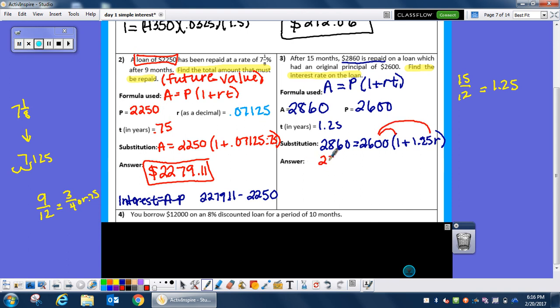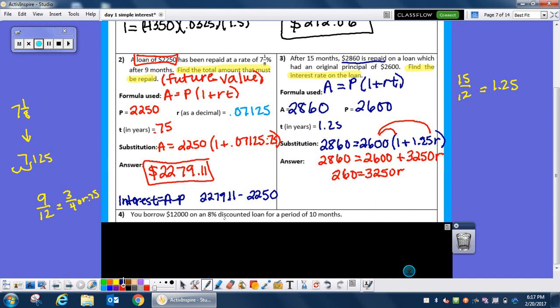Okay, and again we're solving for r. So then you would subtract 2,600 from both sides and you get to this. 260 equals 3,250 r. And you divide both sides by 3,250.